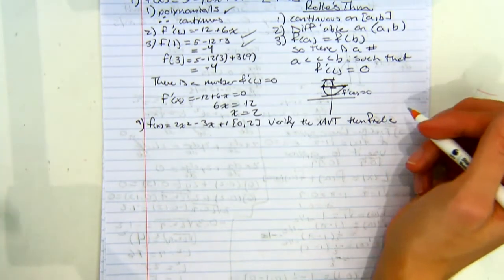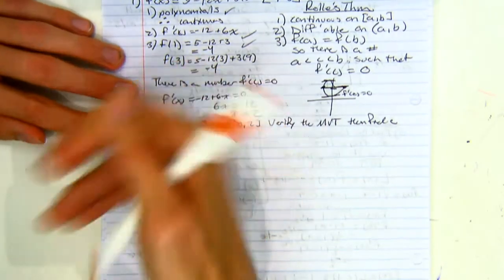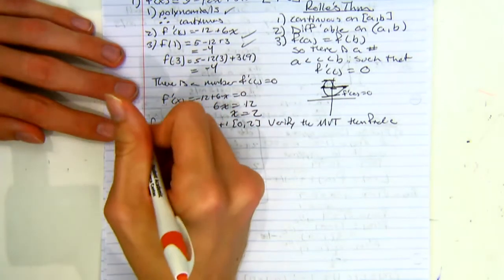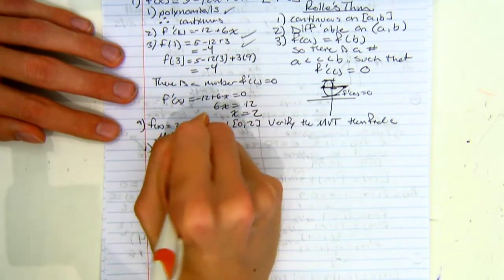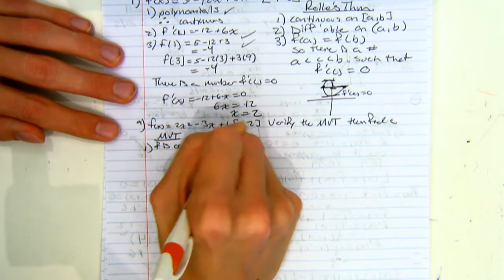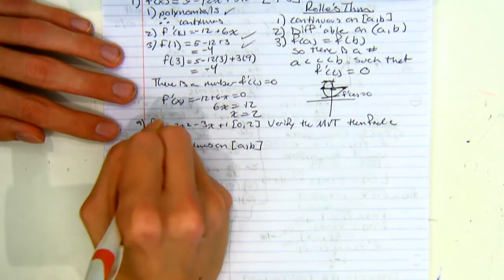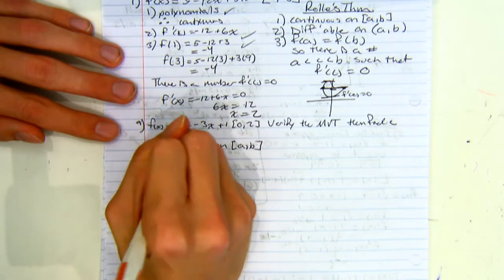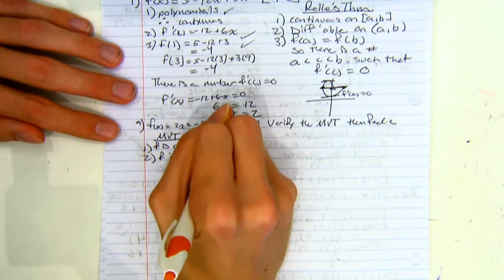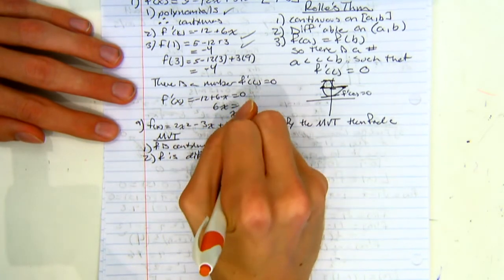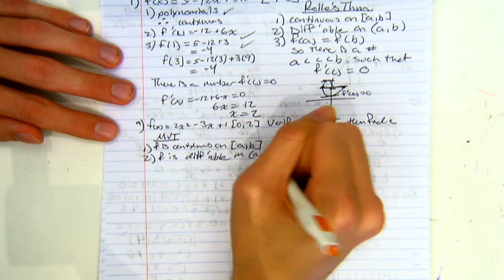So mean value theorem is essentially: f is continuous on A to B. F is differentiable on A to B, the open interval.